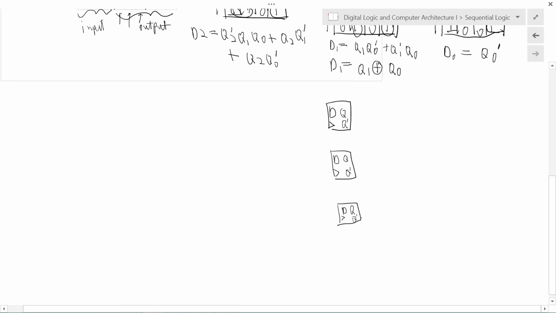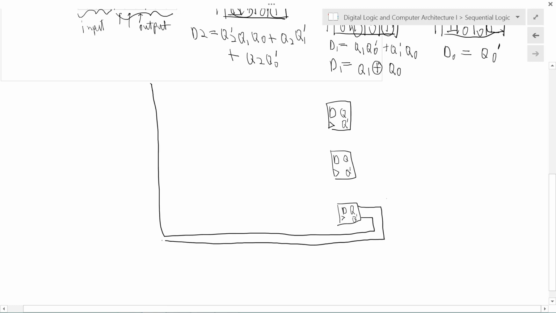Now what we can do is bring these variables back, and they become inputs to our circuit.